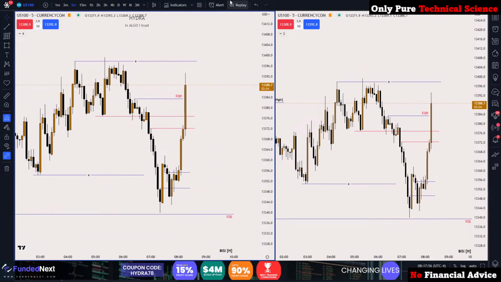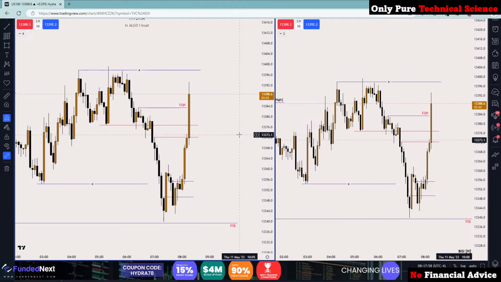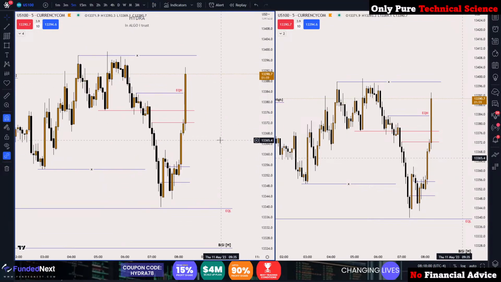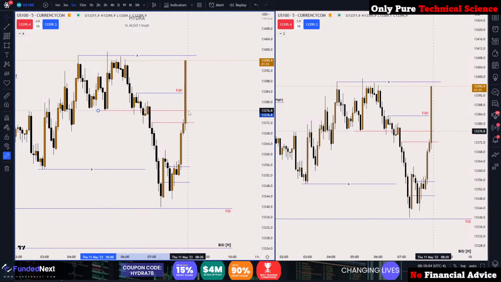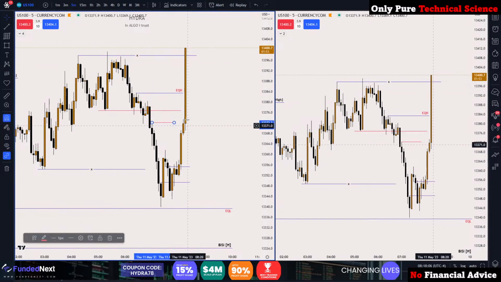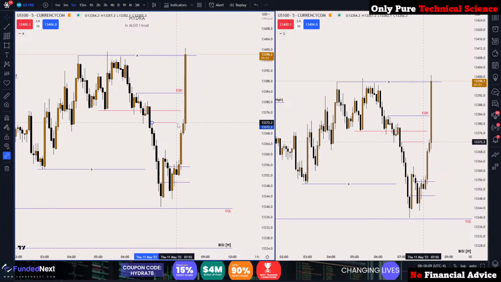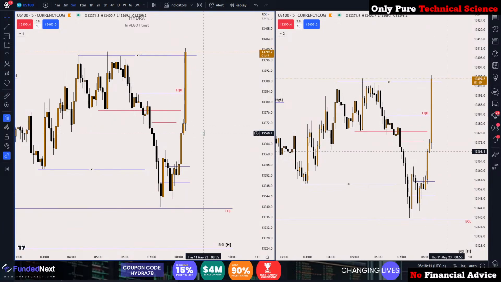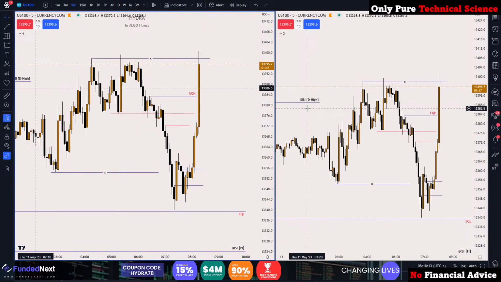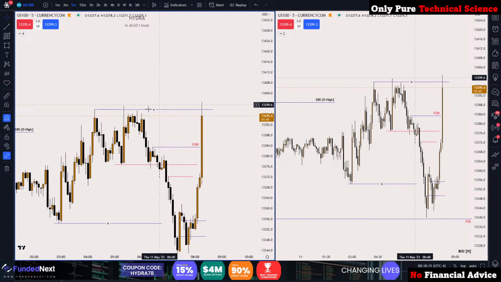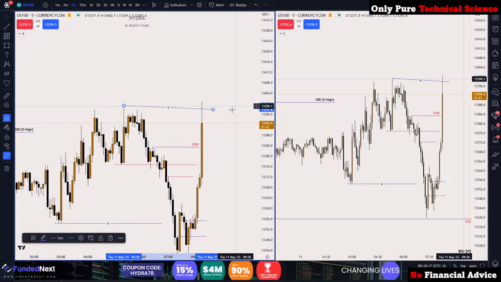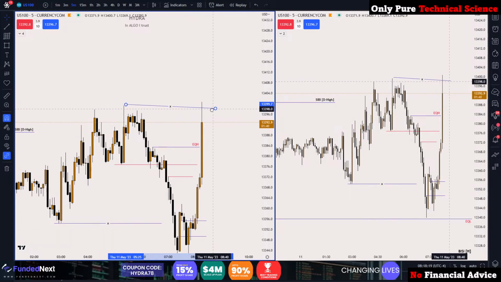Okay, price delivered towards the buy side aggressively. Nice. Now let's see how far it's going. There's a major level of buy side liquidity that price provided.